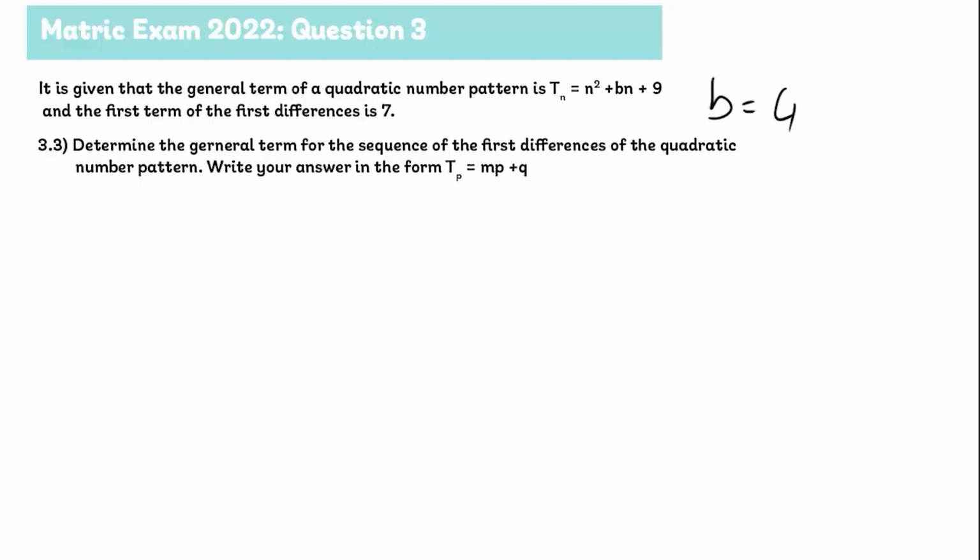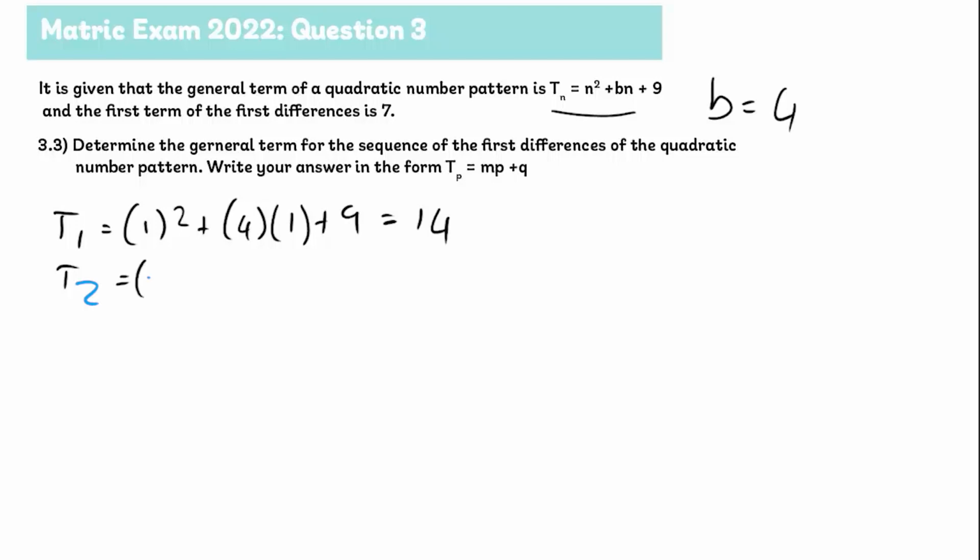With that in mind and equipped with this term, term 1 is equal to 1 squared plus 4 times 1 plus 9. That will equal 14. Term 2 will equal 2 squared plus 4 times 2 plus 9. Punch that into your calculator, that comes to 21.